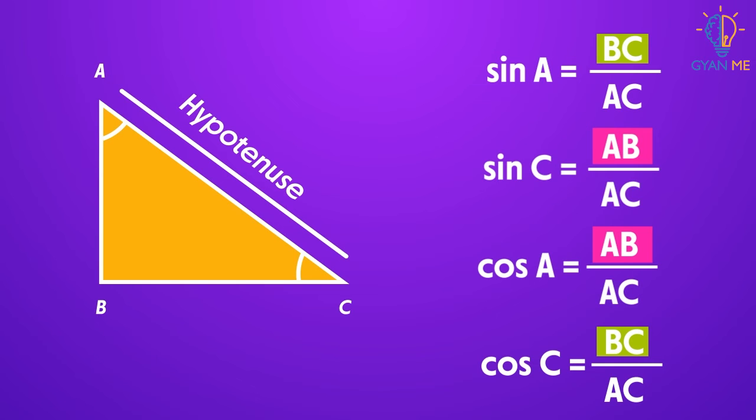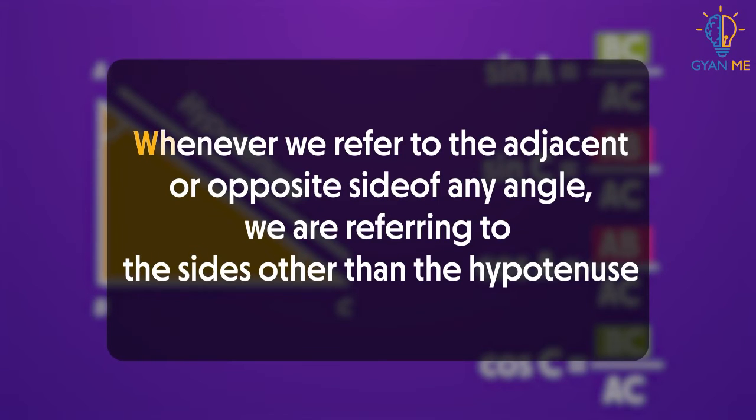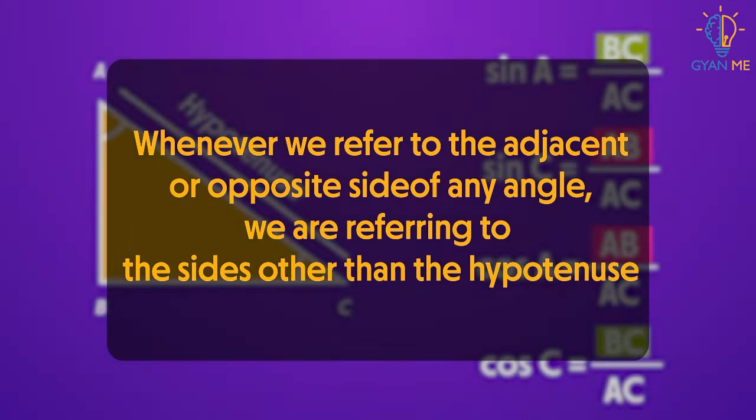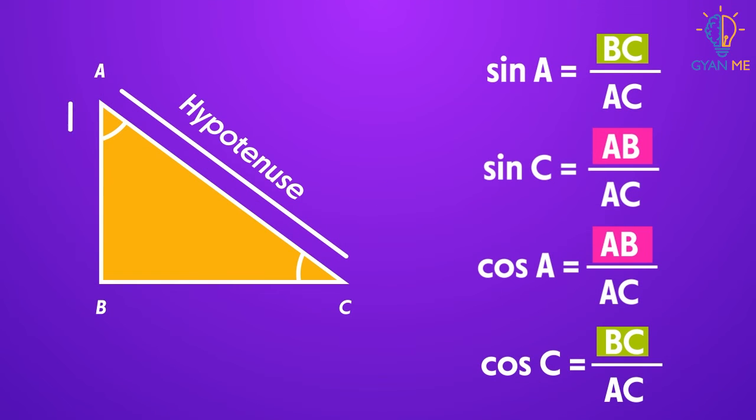It has to be remembered that whenever we refer to the adjacent or opposite side of any angle, we are referring to the sides other than the hypotenuse. Thus, the opposite side is the one in front of the angle and the adjacent side is the one next to the angle.